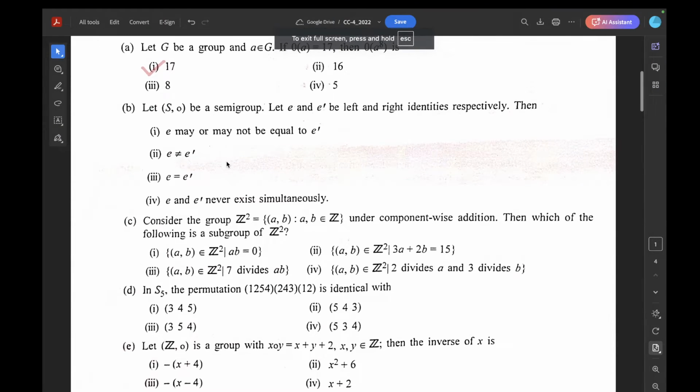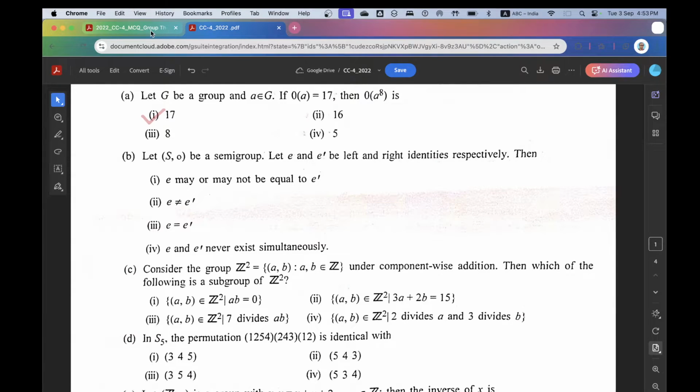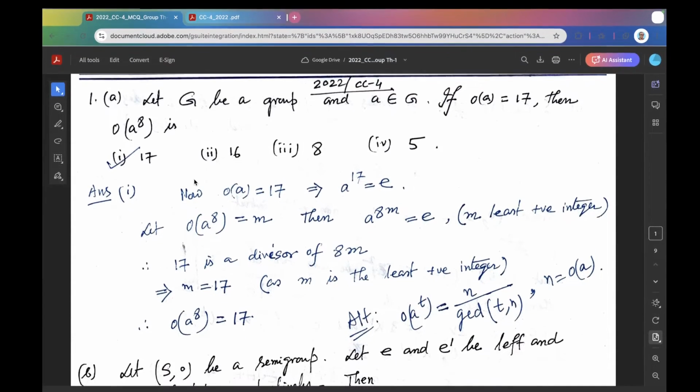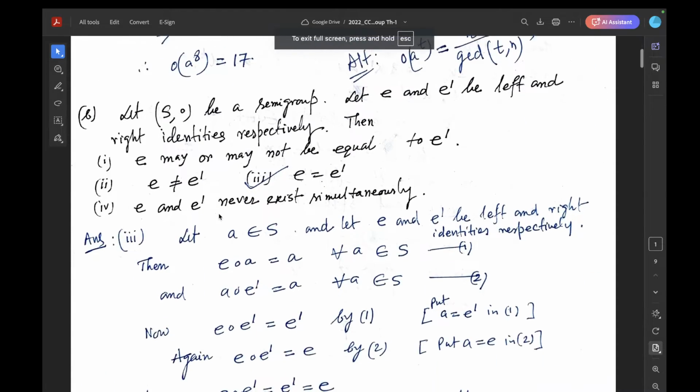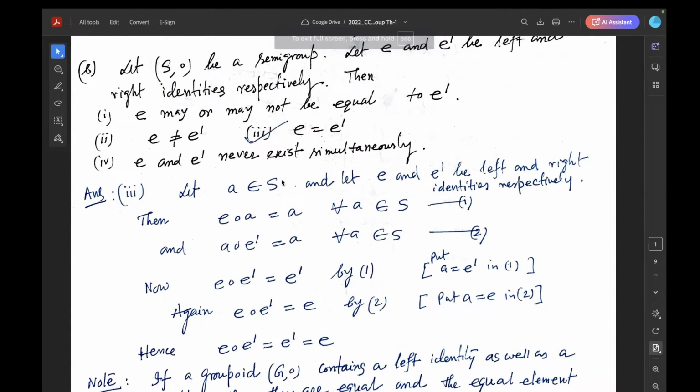Next question B. Let S, star be a semigroup. Let e and e dash be left and right identities respectively. Then correct option is what? Let a belongs to S be any element, and let e and e dash be left and right identities respectively of this S, star.